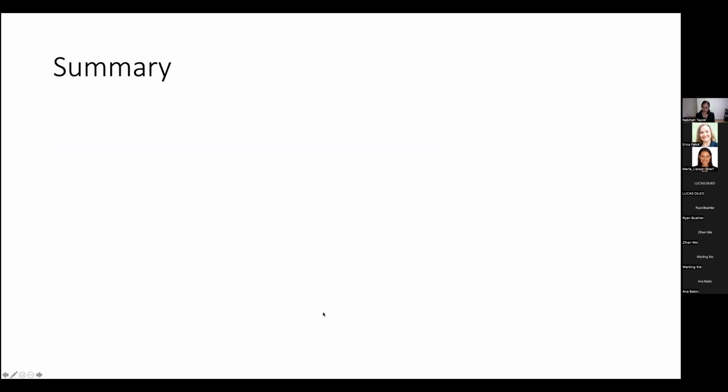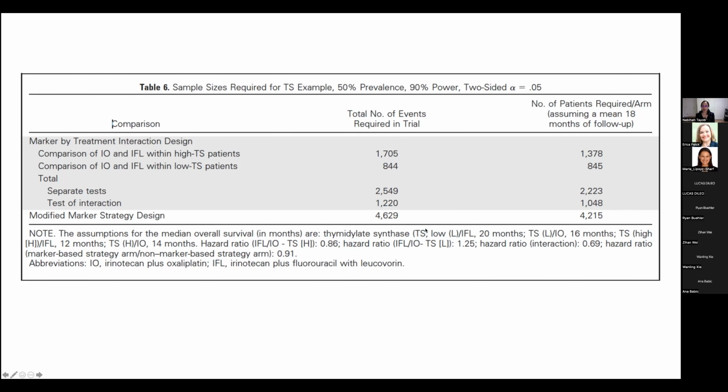And so that's where you get into the 4,600 patients, 4,600 events, which is like 8,000 patients because this is per arm. So very large studies in this example.